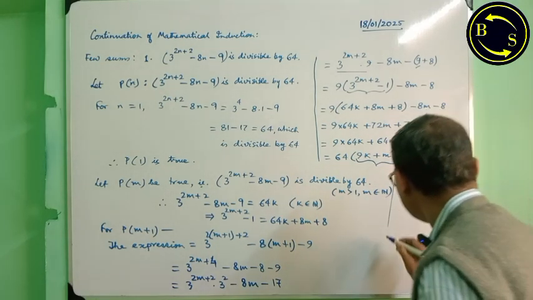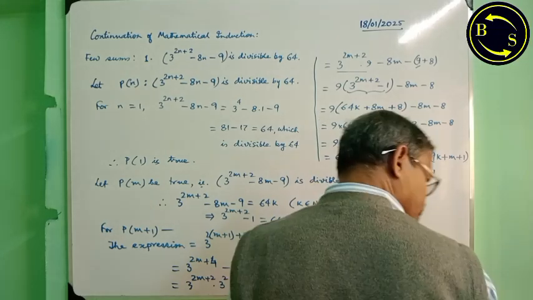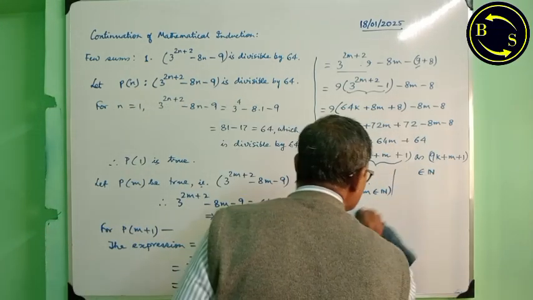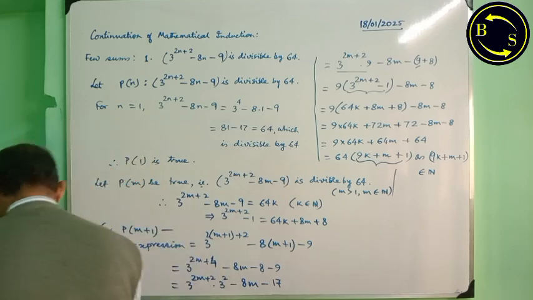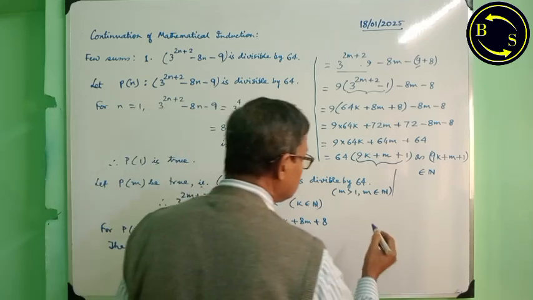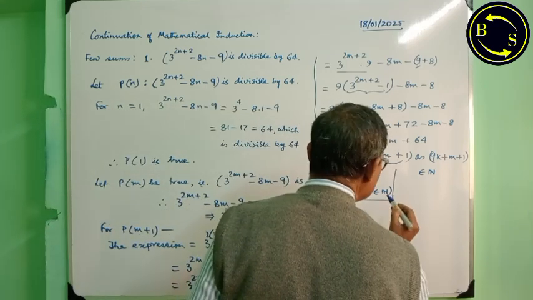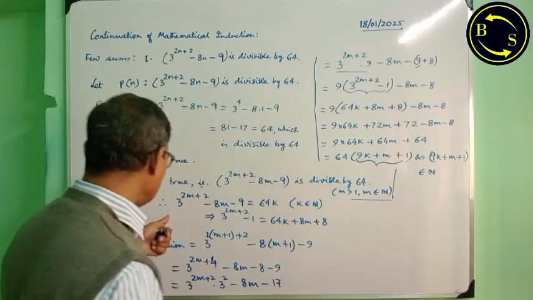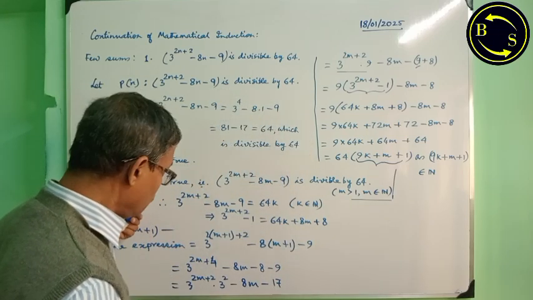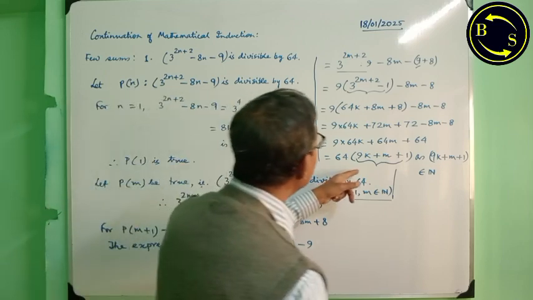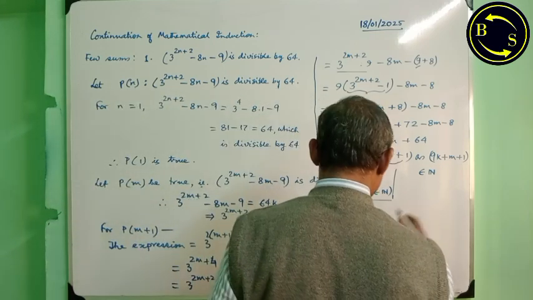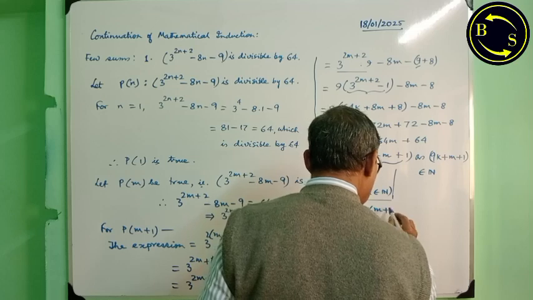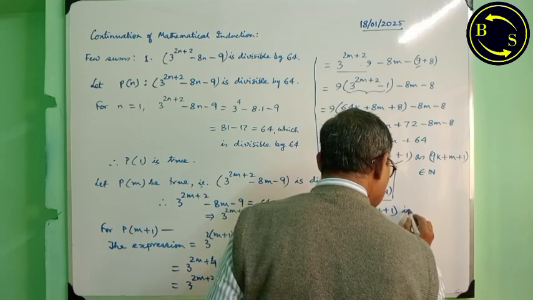Then next step will be assuming Pm true. We have now shown Pm plus 1 is true. Therefore, Pm plus 1 is true.